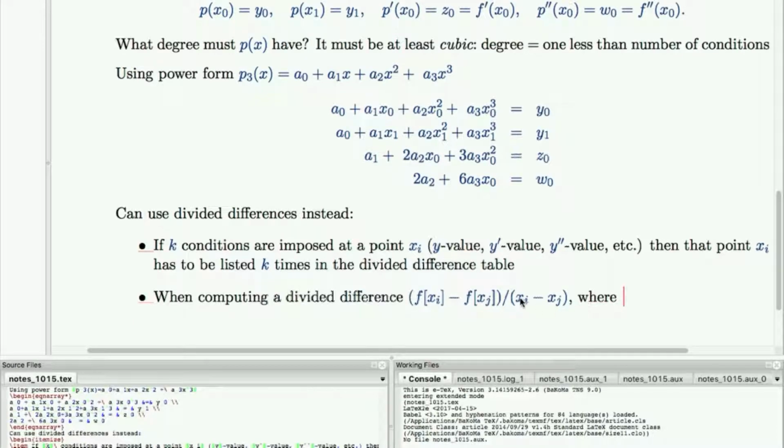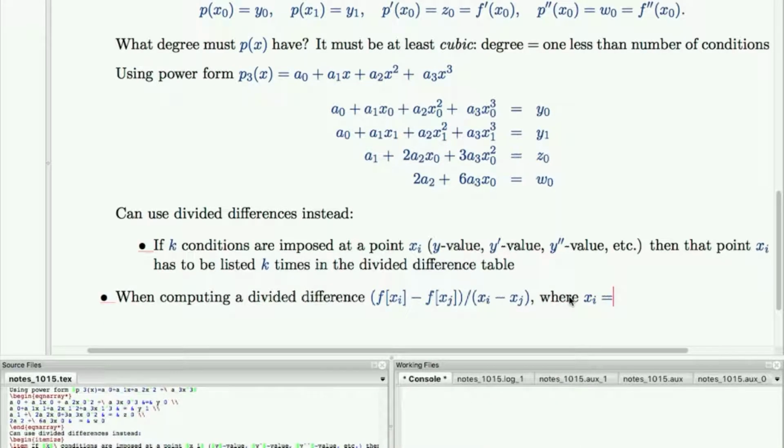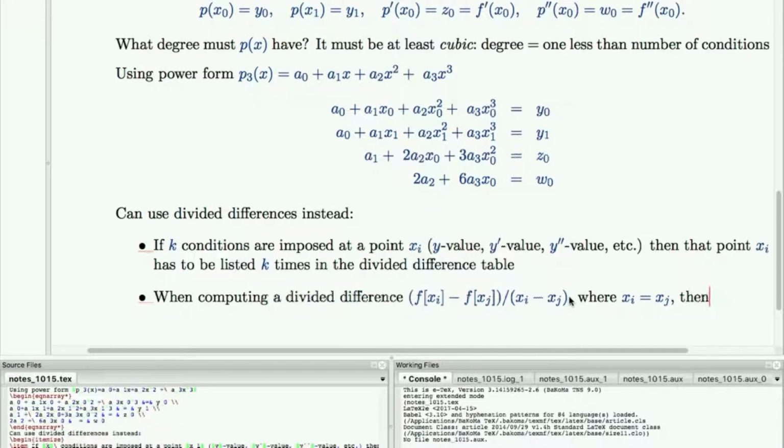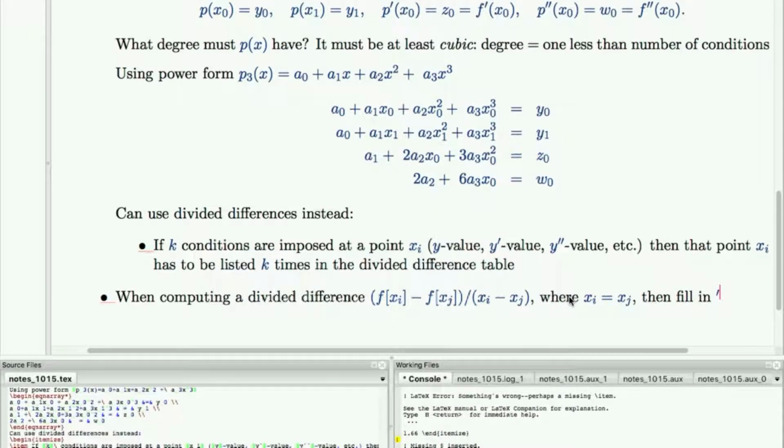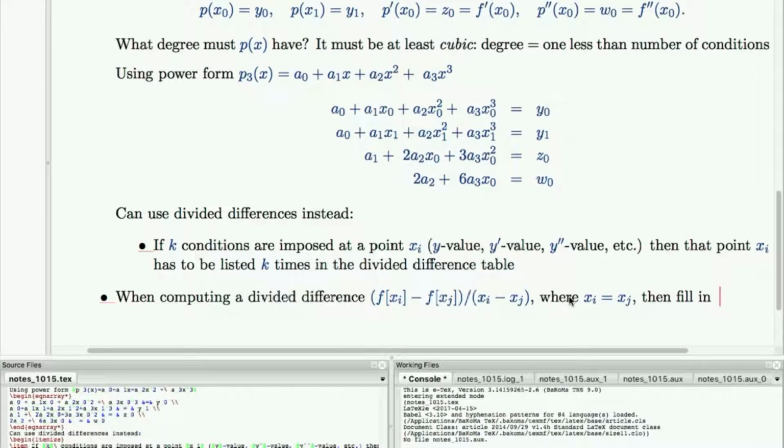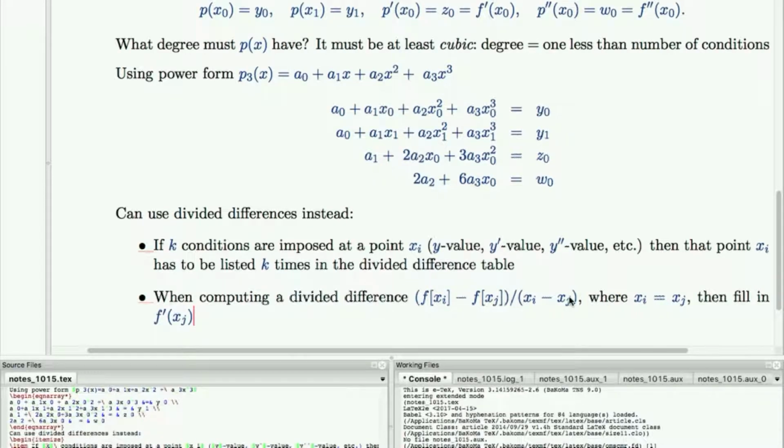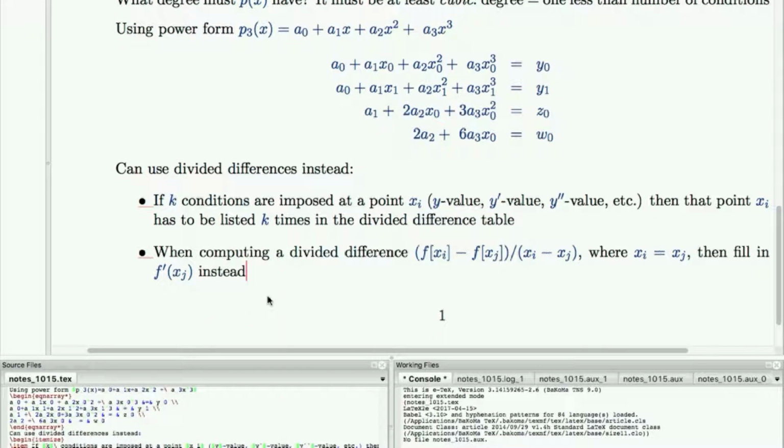But suppose these x values are equal. Then fill in f prime of xj instead, which makes sense because as xi approaches xj, this expression converges to f prime of xj anyway. So it makes sense that that's what you fill in that spot in a divided difference table. So you're avoiding dividing by 0 by filling in the limit as these differences approach 0.